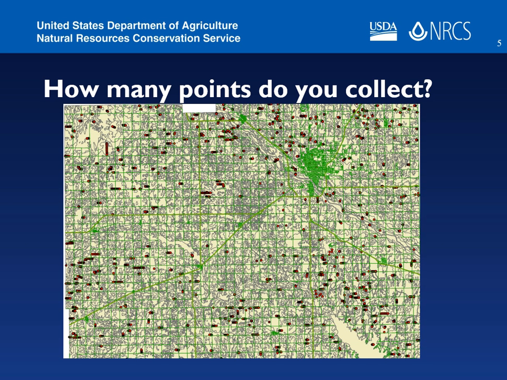And then when you think about how many points you actually need to collect, here's a county of about 380,000 acres, and it's got about 3,600 pedons that have been described, not sampled, just described. When you look at that, you think, my God, that's a lot of pedons in an entire county.